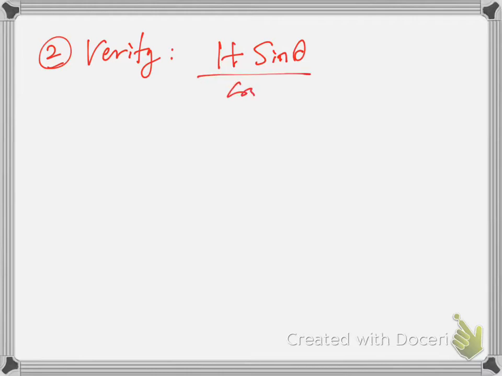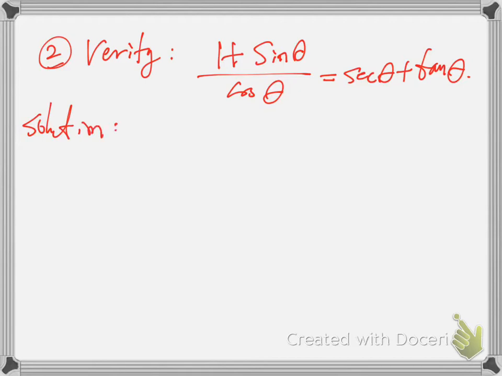Number 2. We want to verify that 1 plus sine theta over cosine theta is secant theta plus tangent theta. The beginning step is to change both sides to sine and cosine.